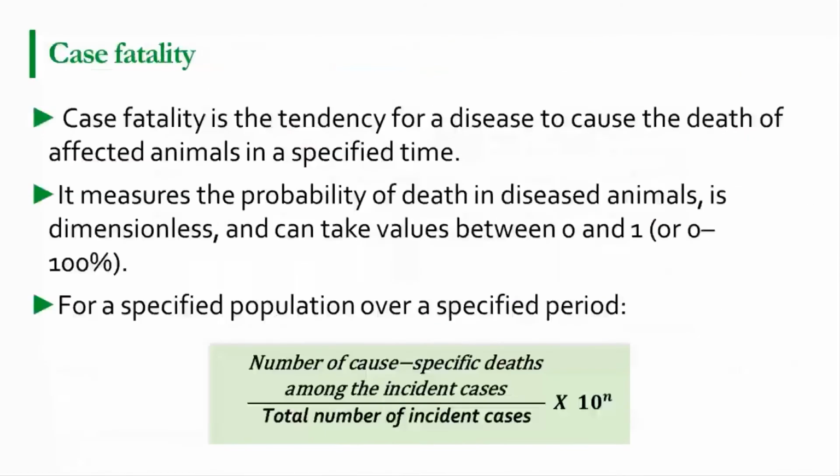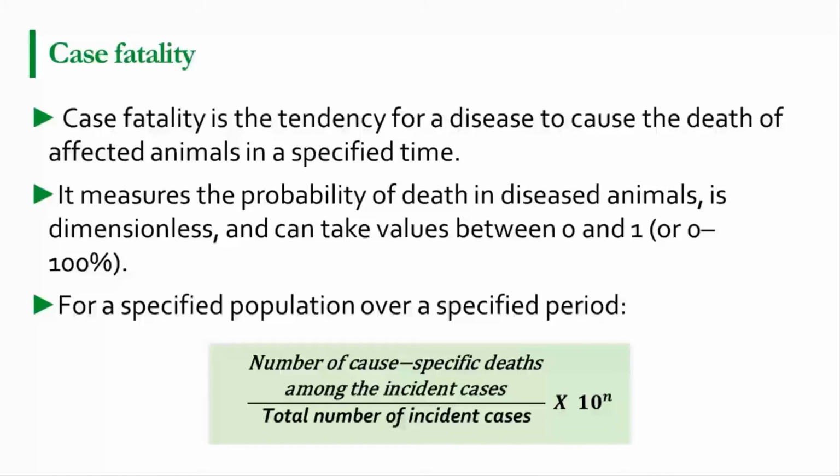The case fatality is another indicator used, which, as the name says, is the number of animals which died from the disease out of all animals which were sick. Not all sick animals die, so the case fatality counts only those animals which died from the disease.